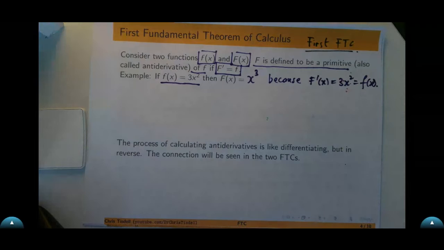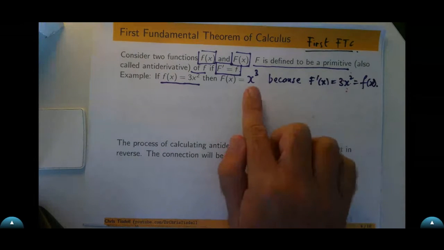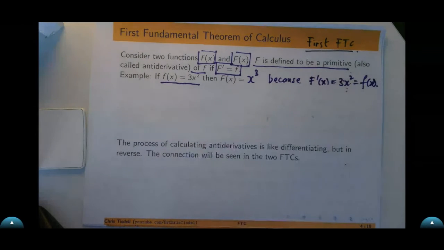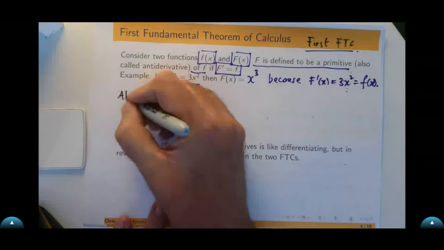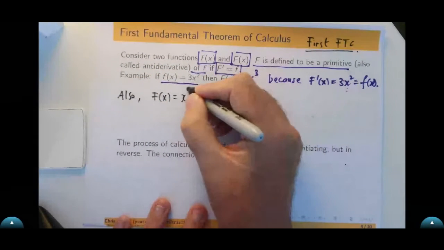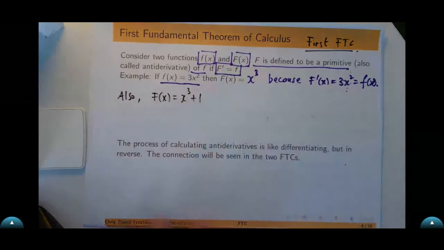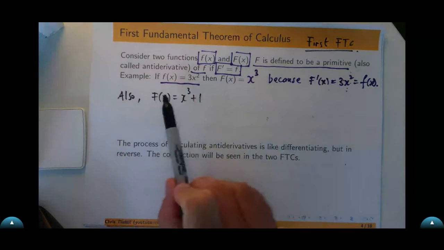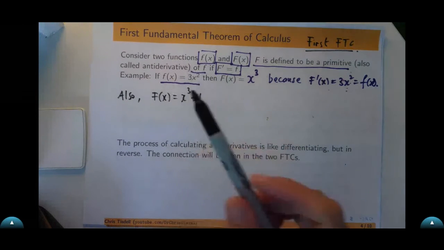Okay, so nothing too major there. But we can also choose, say, it could be something like x cubed plus 1. Because if we differentiate this function, we still get that.